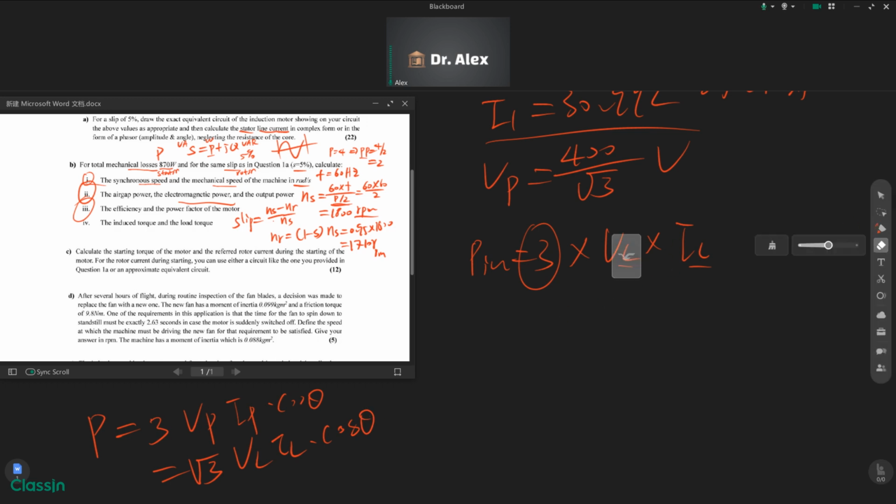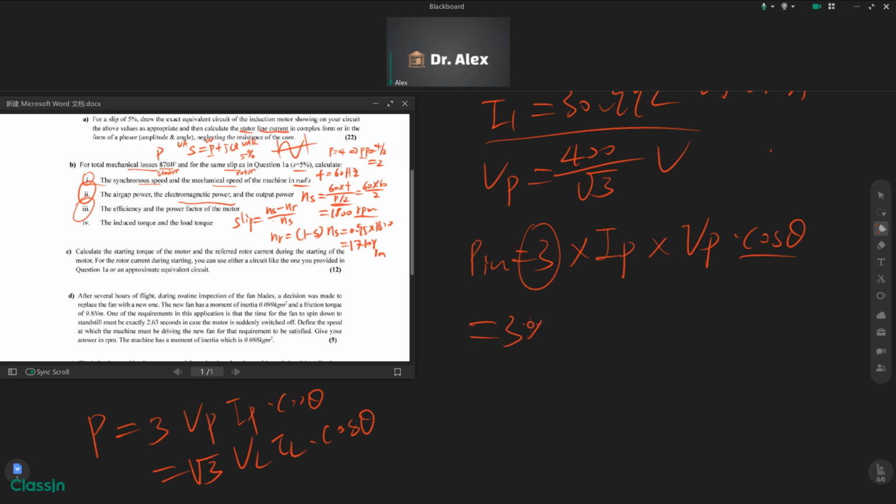Here I just wrote the wrong thing, I will rewrite it like this. It's phase current times phase voltage times cosine theta. This is the power factor, right?